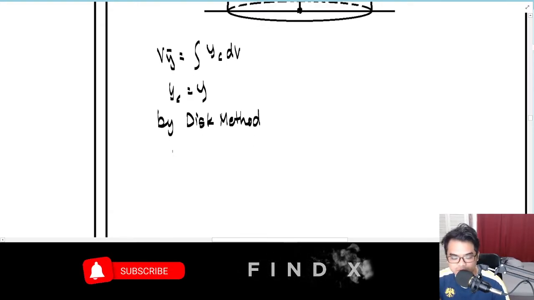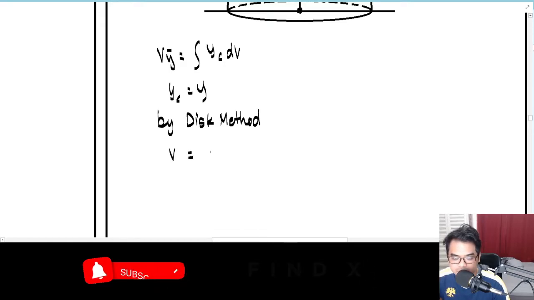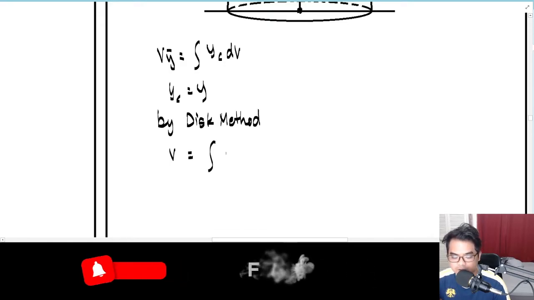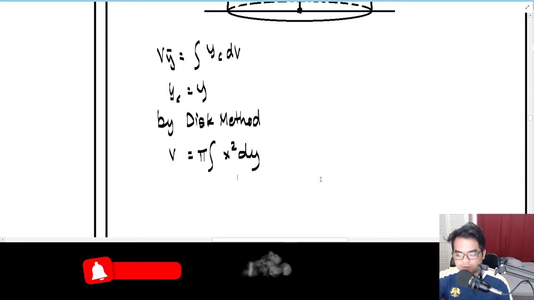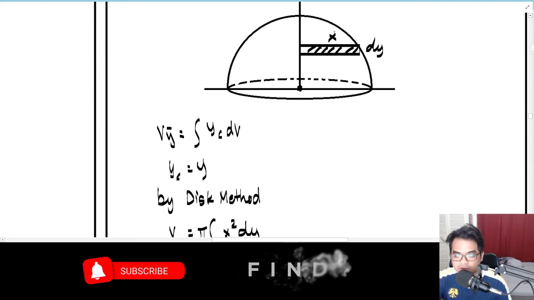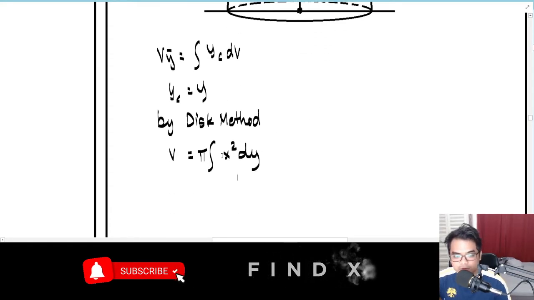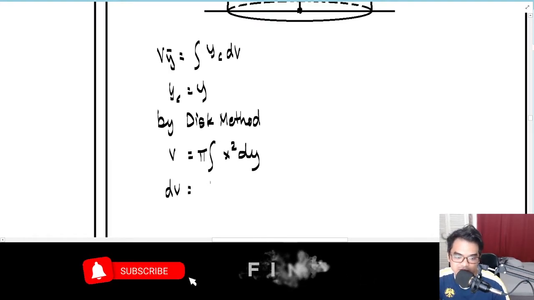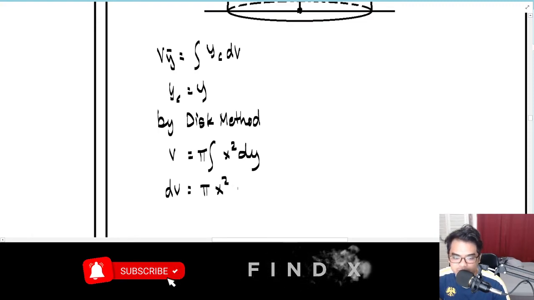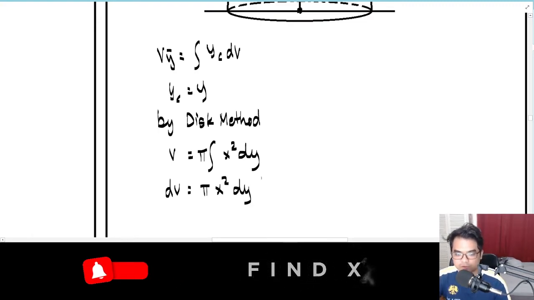Using this method, v equals the integral of pi x squared dy. If I get the derivative of both sides, I'll have dv, and the derivative of an integral cancels out the integral. So dv equals pi x squared dy. This will be your equation.